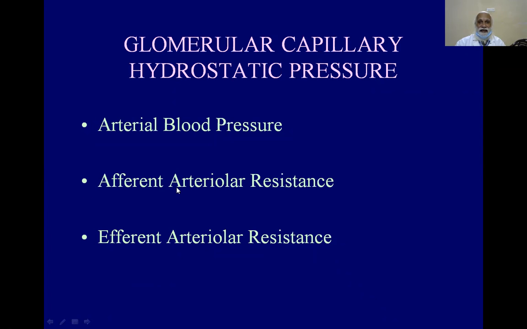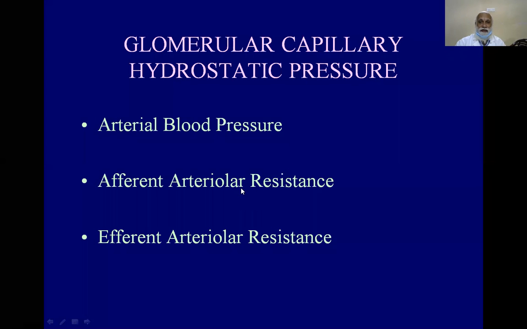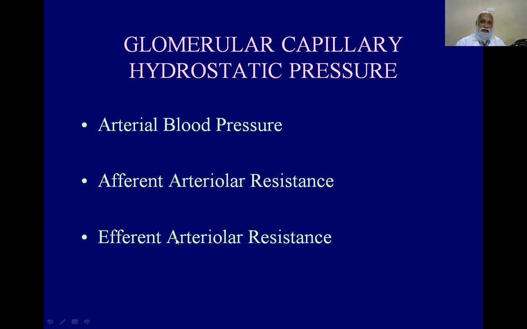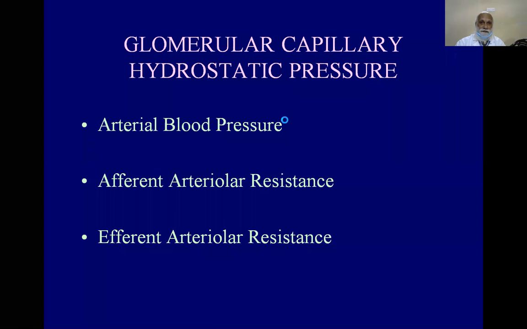If they contract, they produce more resistance to blood flow, so resistance will increase. If they dilate, resistance will be less. So the arterioles also determine the hydrostatic pressure in the capillary.